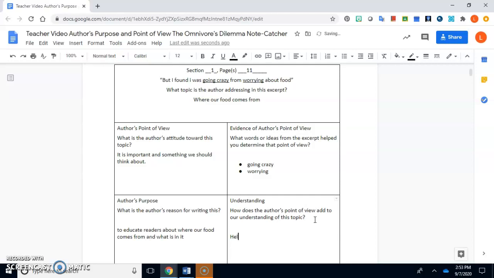Well, this helps us to understand how complicated the omnivore's dilemma is. And guys, remember we've already gone over omnivore's dilemma, and we know that it is the choice that we make as we eat different foods because they could be good or bad for us. So this is a complicated topic.